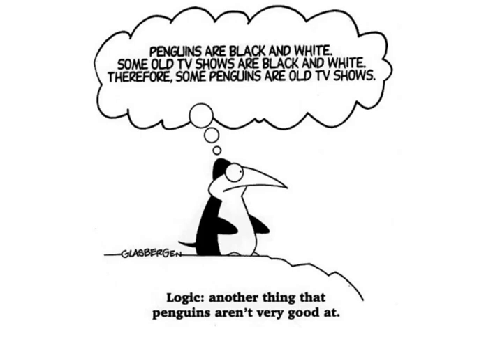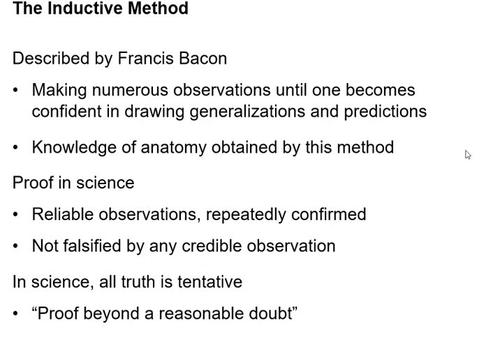So you have to be really careful about inductive reasoning, because here's one of them. You've probably heard stuff like this. All right, penguins are black and white, and some of the old TV shows are in black and white. Therefore, some penguins are old TV shows. So it says, logic is another thing that penguins aren't very good at.